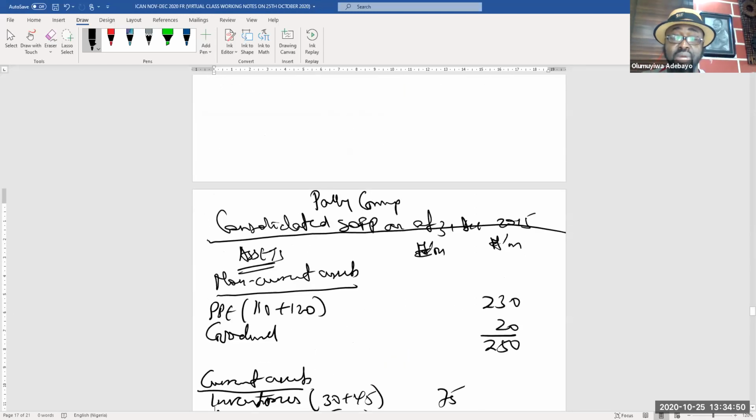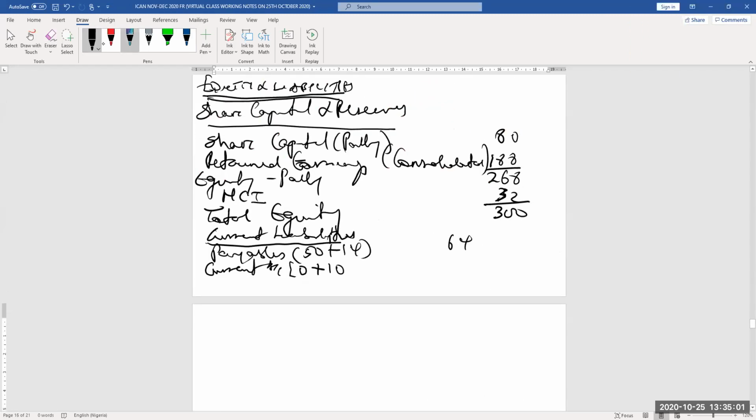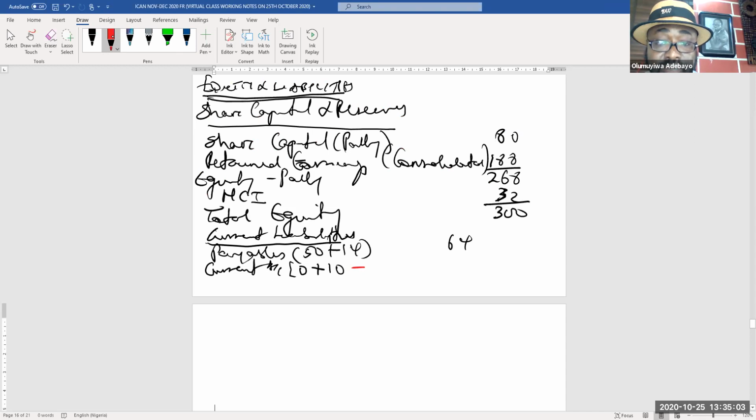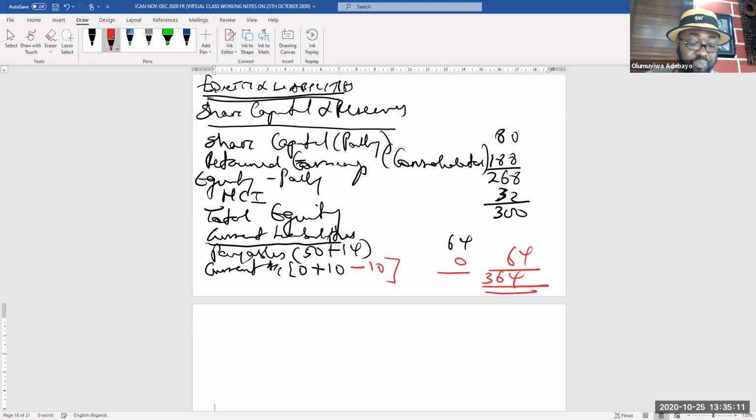But if you go back here, we said we should debit a liability account, which means deduct from a liability account how much? 10 million. I deduct that 10 million. What do I have? It is 0. 64. In total, I have 364.